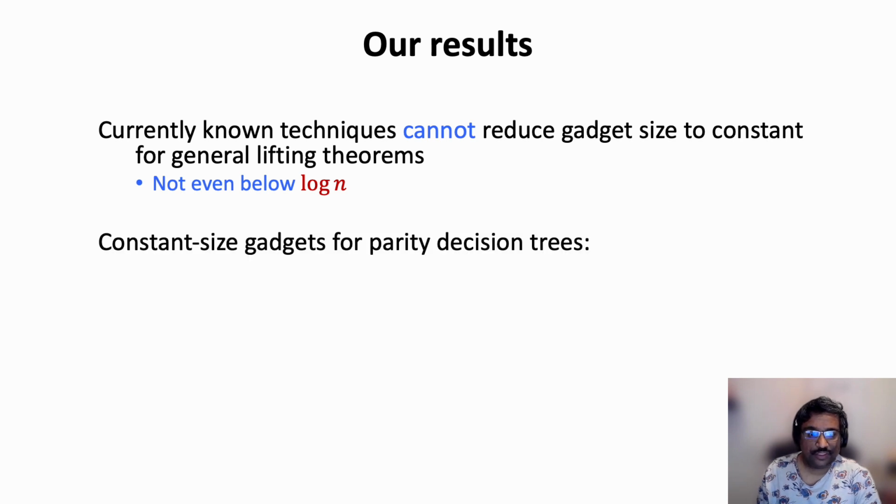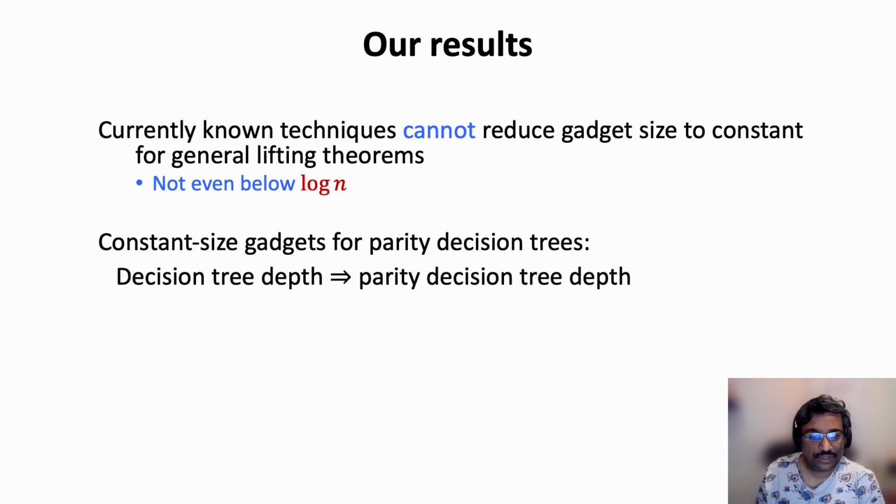Nonetheless, if you want to lift decision tree complexity to somewhat stronger models, maybe not as strong as two-party communication complexity, but a stronger model like parity decision trees, you can get a lifting theorem with a constant size gadget. We prove a lifting theorem with constant size gadgets from simple decision tree complexity to parity decision tree complexity.